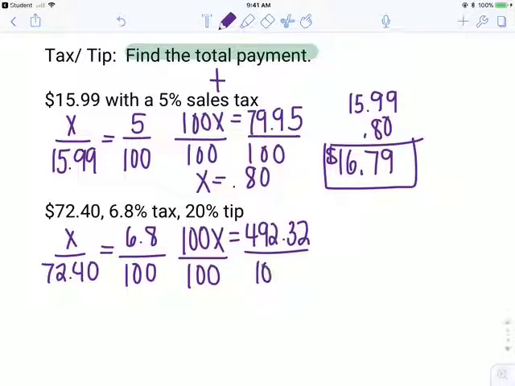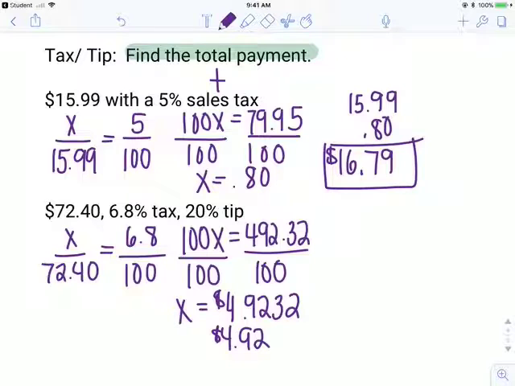I divide by 100 on both sides, and I get 4.9232, which leaves me with $4.92. That's my tax. I'm going to add that on to 72.40. So 72.40 plus 4.92, and my bill right now is 77.32.